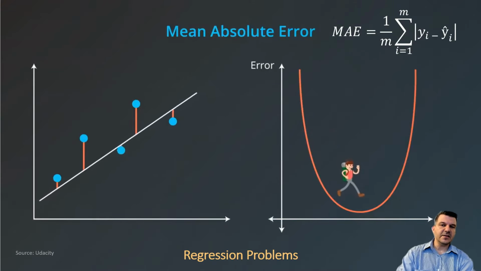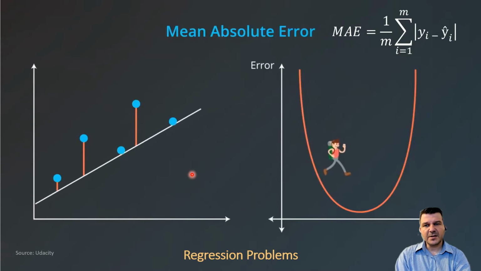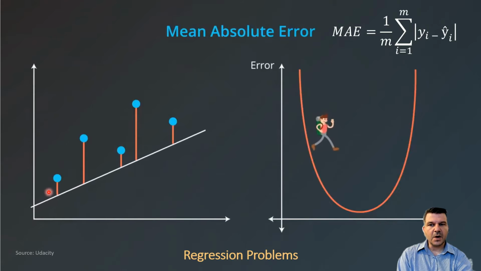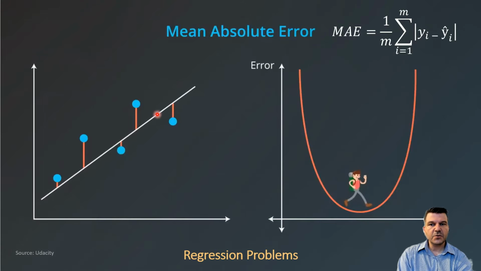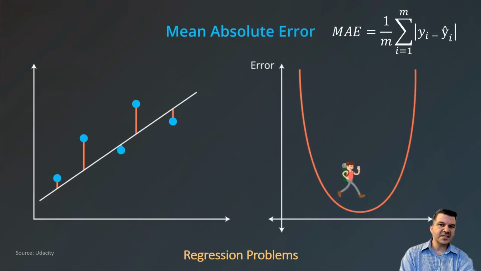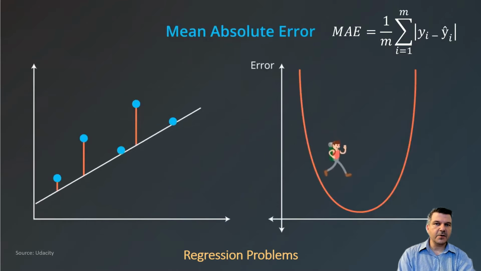So as you see, this error function can be applied only in regression problems because it tries to define a line that will go as close as possible through those points. And that's how it's defined by the distance between our actual line and our points. Now, this is the mean of absolute errors.